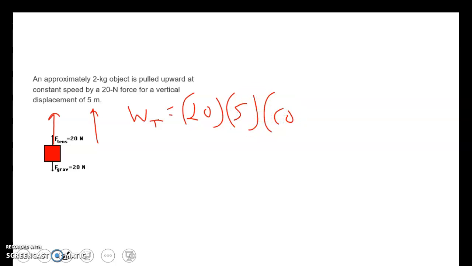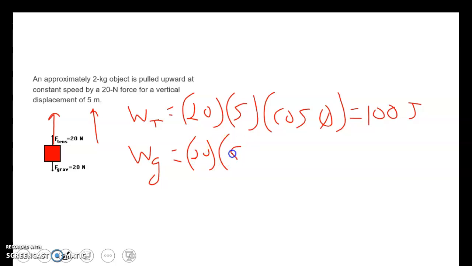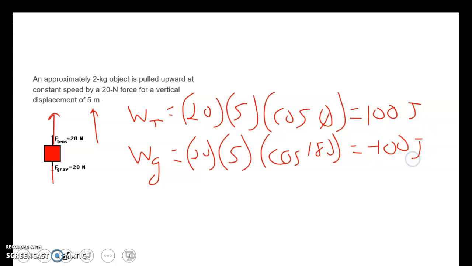And since they're going in the same direction, our angle's 0, cosine of 0, that's 100 joules. But our work due to gravity, it's still 20 Newtons of force, and it's still traveling 5 meters, but since the direction gives us 180 degrees, it's the cosine of 180, which is negative 1 times 20 times 5, negative 100 joules.